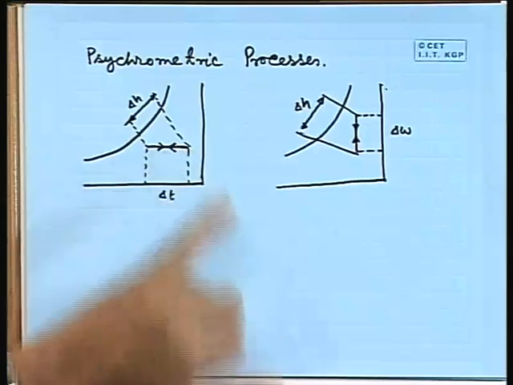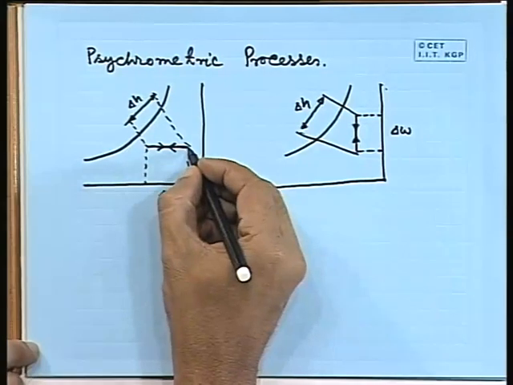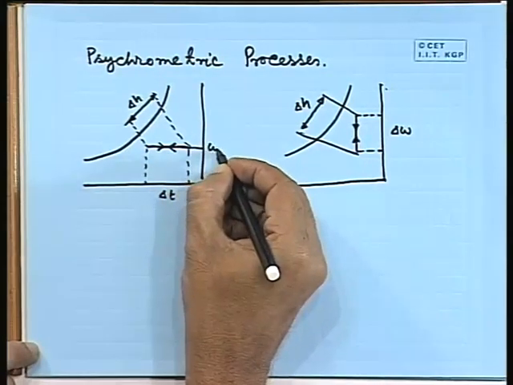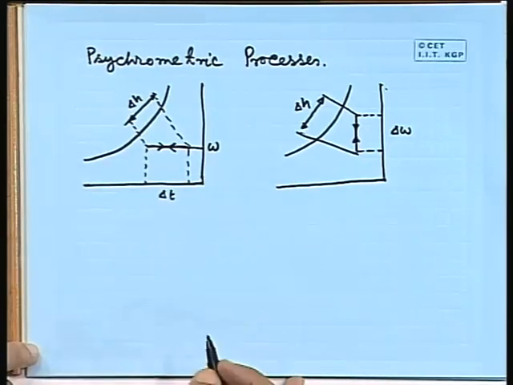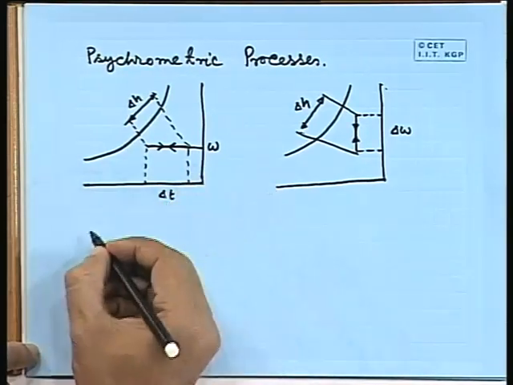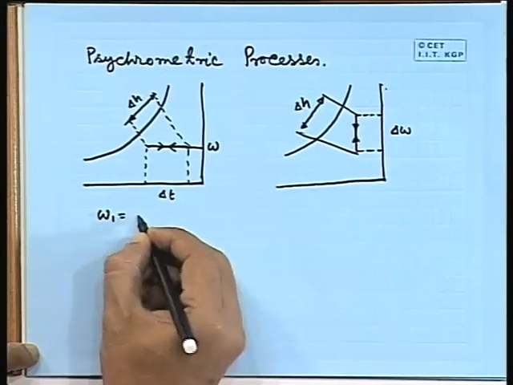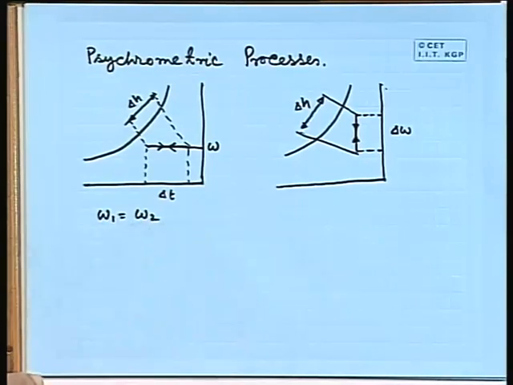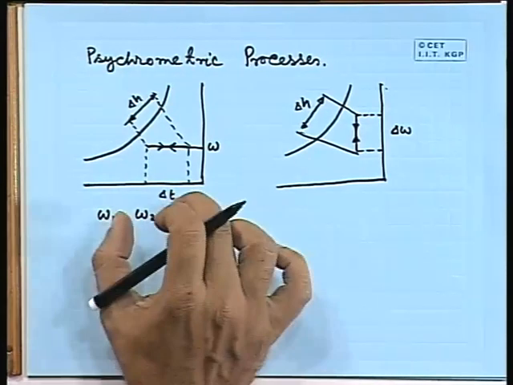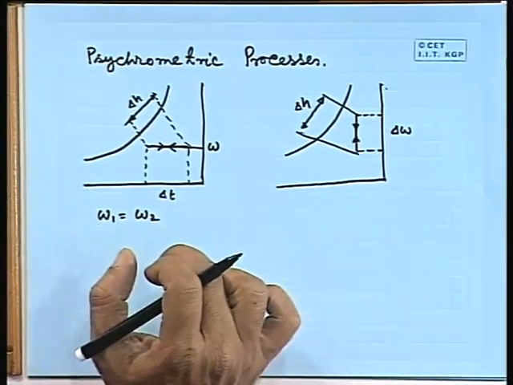So, if we consider there is only a change in dry bulb temperature, but there is no change in the specific humidity, one can write it like this. That means, for this process W1 is equal to W2, all right. And in this case, whatever is the energy transfer, that is in the form of sensible heat.